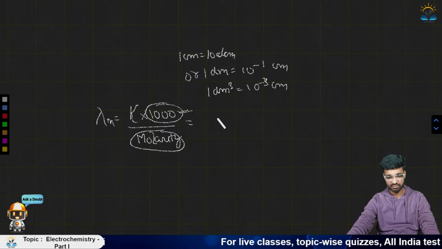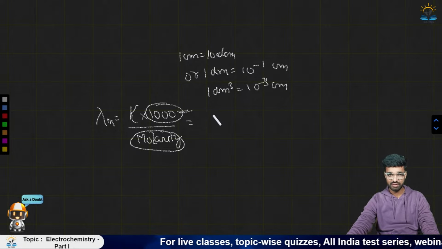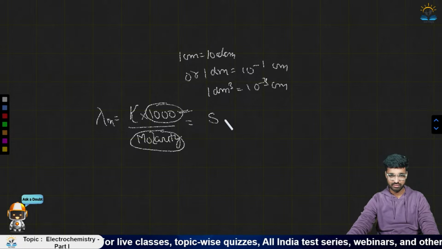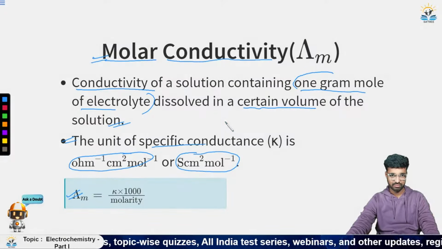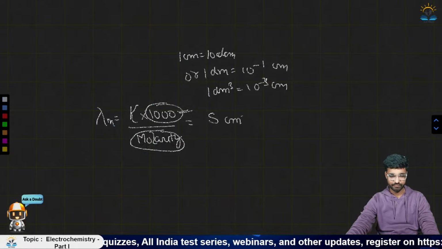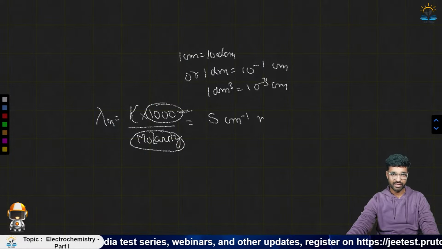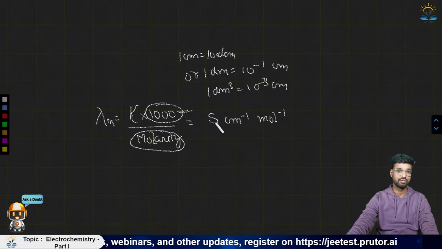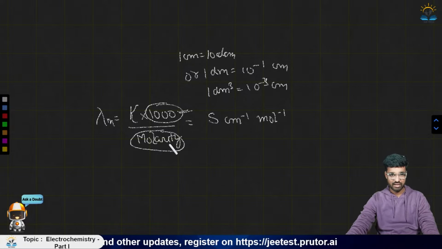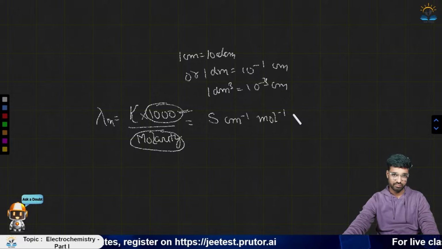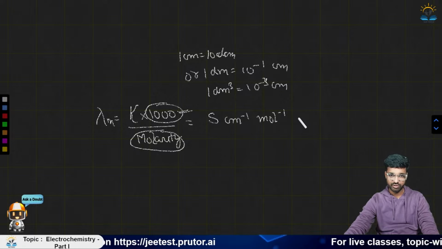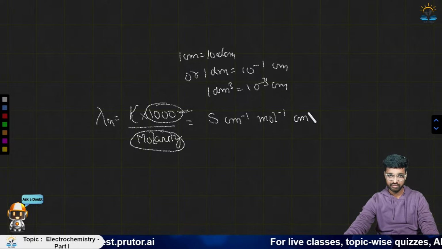If you want to take out the unit of it, we know that for kappa it is Siemens per centimeter. Molarity will be per mole into centimeter cube.